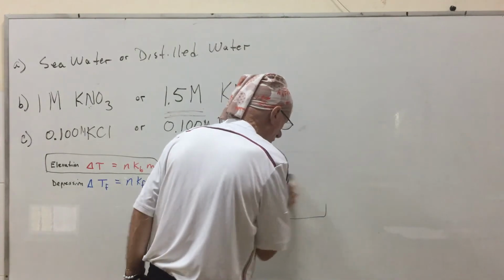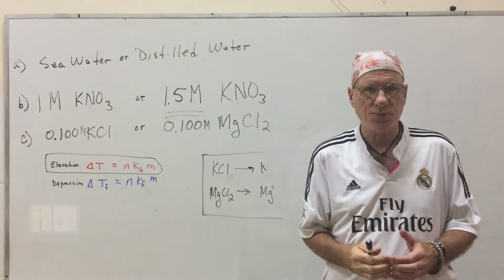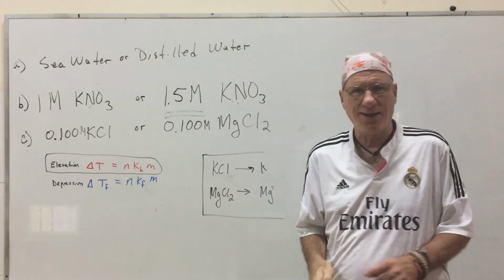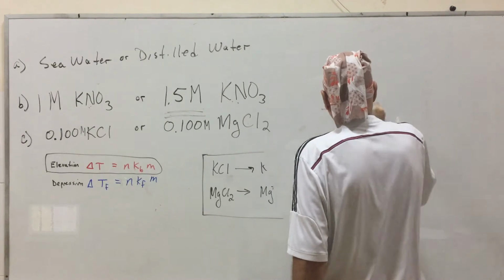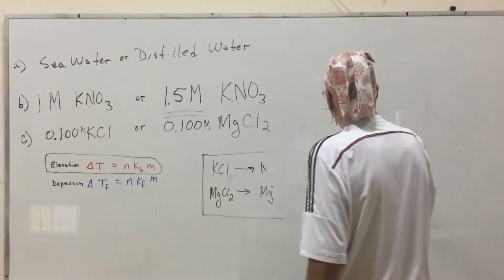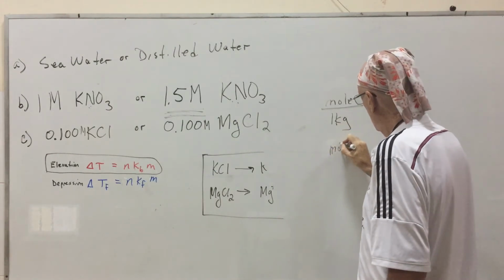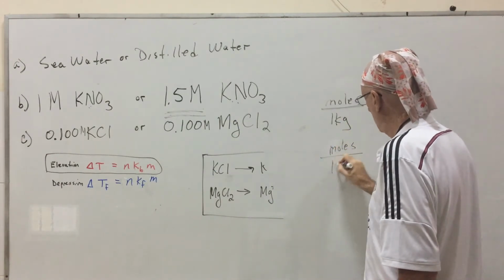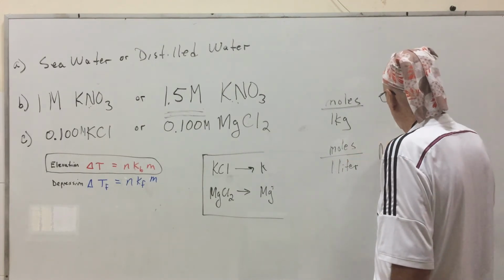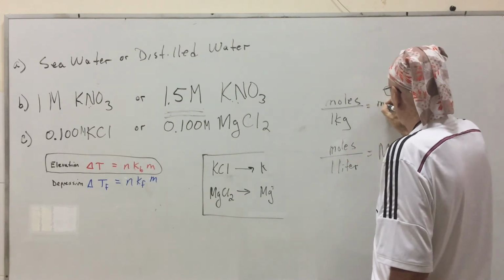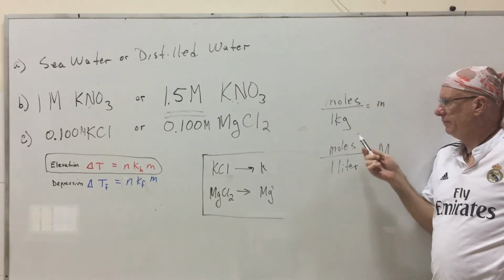Now there are other videos which explain what I'm going to try to explain briefly. So I'm doing this problem with the understanding that you know the difference between molarity and molality. Moles over 1 kilogram of water, that's molality. Moles over 1 liter, that's molarity. Small m, molality. Large M, molarity.